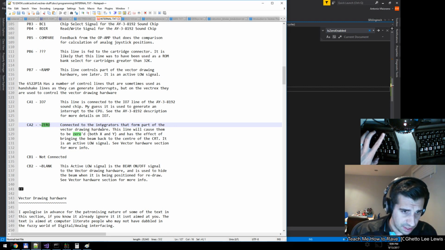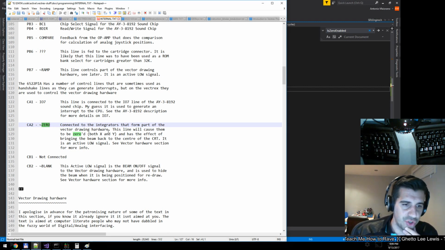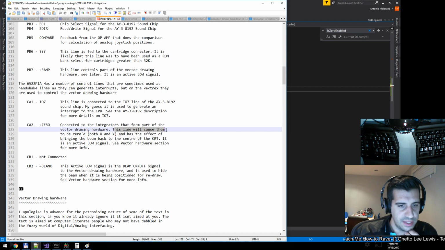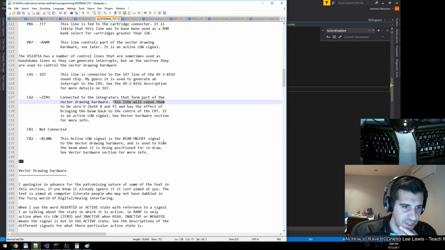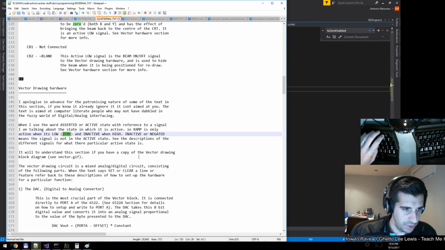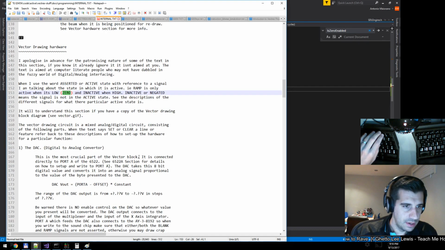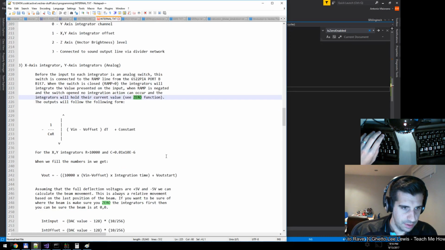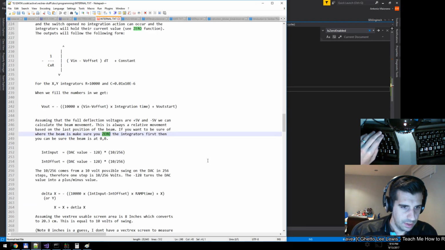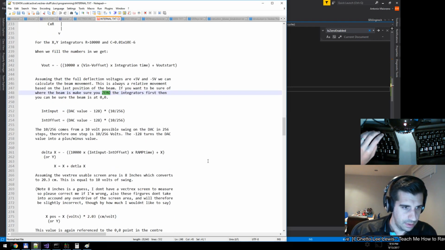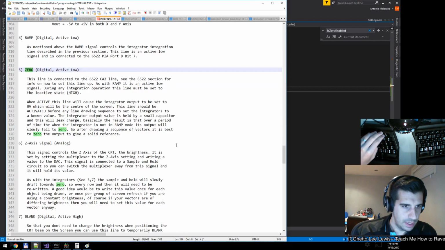Zero. Connected to the integrators that form part of the vector drawing hardware. This line will cause them to be zeroed, both x and y, and has the effect of bringing the beam back to the center of the CRT. It is an active low signal. See vector hardware section. Okay, here.